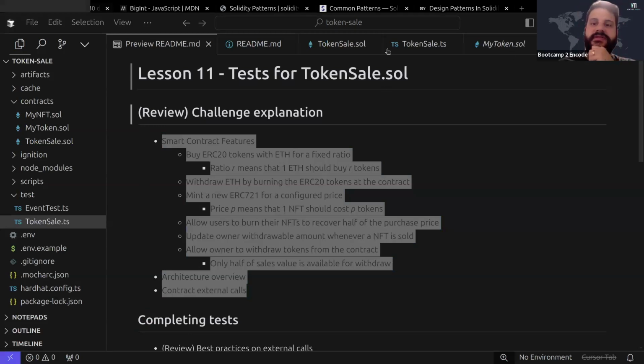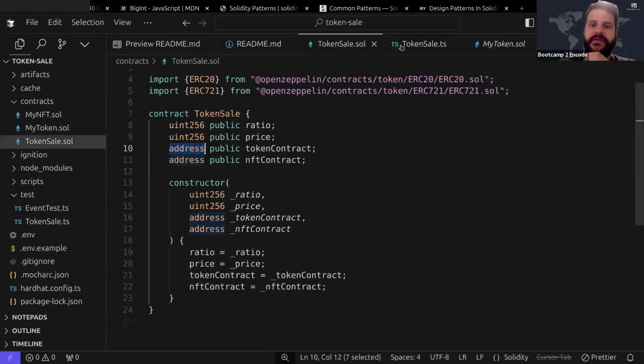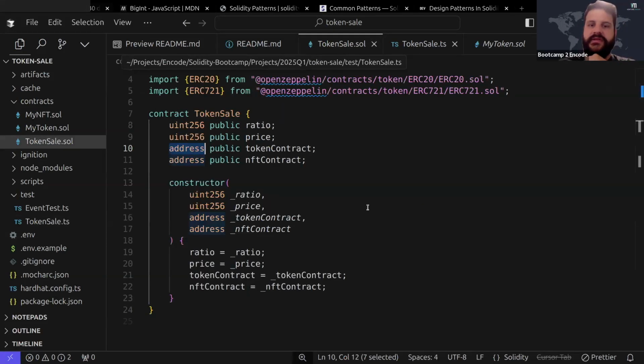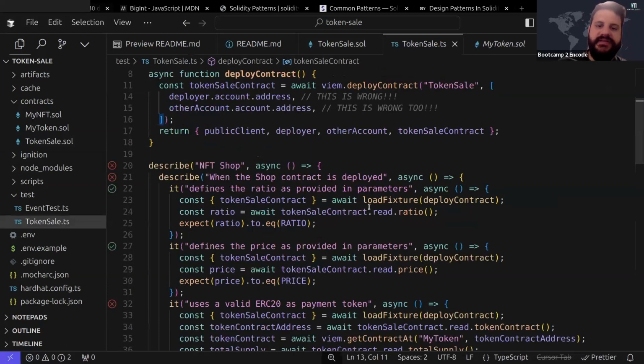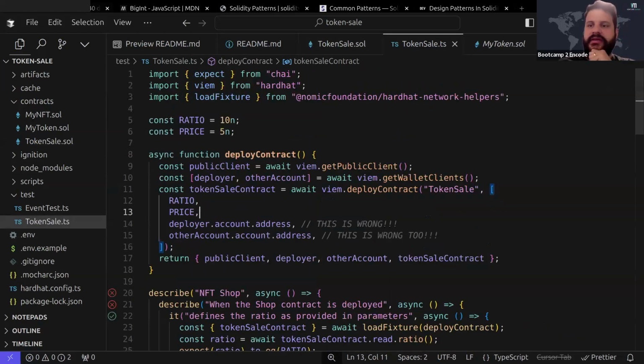So for today's lesson, you need to have TokenSale.sol and TokenSale.ts from what we did yesterday, and start coding along. Like yesterday, I'm not going to explain much by myself. We're going to complete this challenge together, so I count on your participation today.